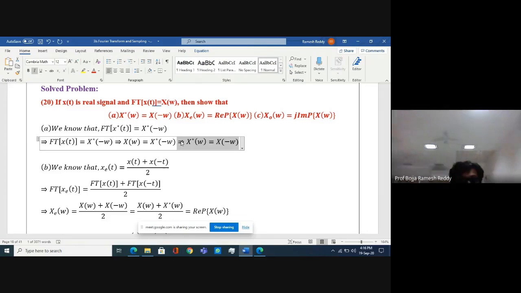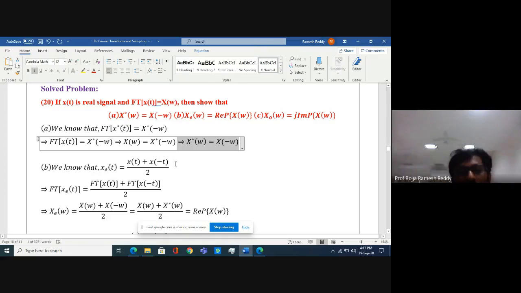That is one outcome. Second outcome, the even part of X of omega is pure real, not complex, not imaginary. Similarly, the odd part of X of omega is pure imaginary. That is the outcome of this property we have shown.